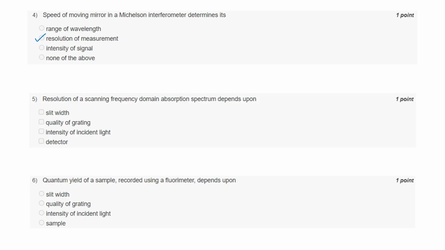So that is what you are trying to say. HPG or those kinds of detectors will give you resolution in time domain. But here they are asking about the frequency domain, that means the wavelength scale. In the frequency domain also, let's say we have two peaks that are very closely spaced.